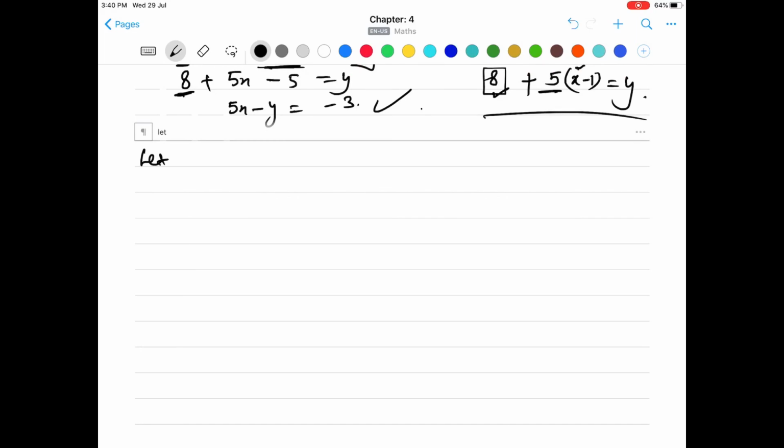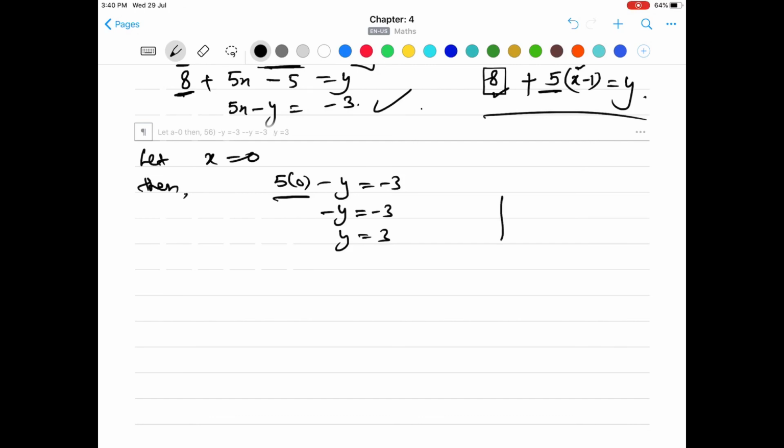Let's take x equal to 0, then it will be 5 into 0 minus y equals minus 3. So this term will become 0, so we have minus y equals minus 3, or y will be equal to 3. Okay, so let's write this in table form.